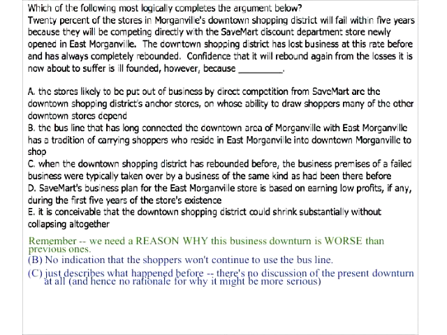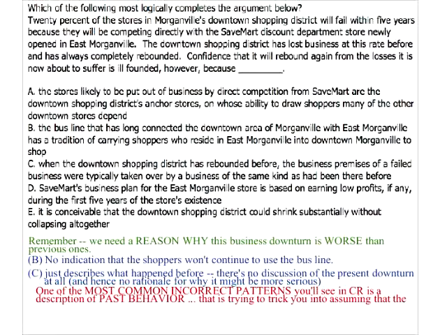Yeah, but Sid, see, that's the problem. This choice doesn't say anything about what will happen this time. I mean, remember that one of the most common incorrect patterns you'll see in critical reasoning is a description of past behavior that is trying to trick you into assuming that the past behavior will continue.